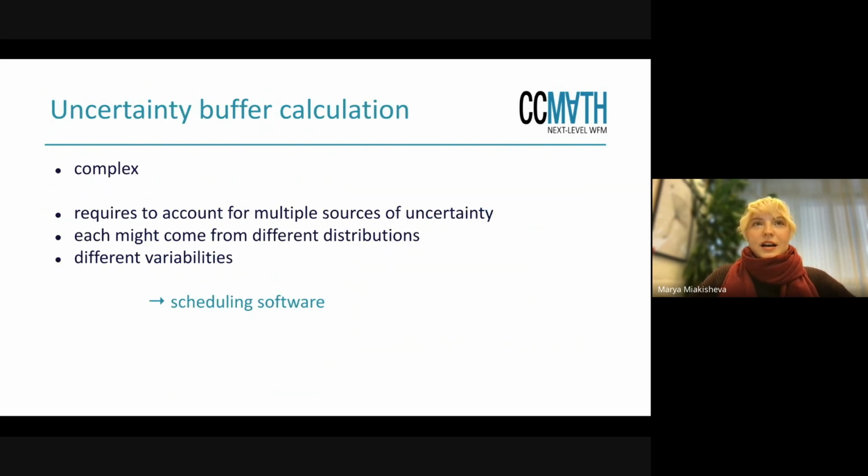Now you might ask, how do we actually calculate the buffer? Unfortunately, I cannot provide a very easy formula. It's complex. It requires accounting for multiple sources of uncertainty. As we discussed, there are many things that affect it: errors in the forecast, variability in adherence, etc. And all of these things may come from different distributions, and each have different variabilities.